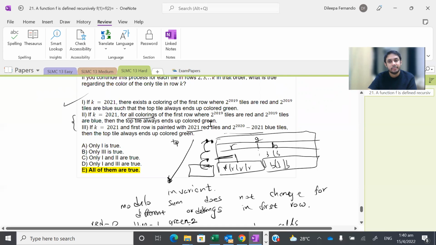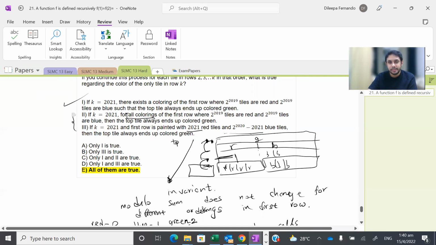And we have proven that by using that modulo value, we can infer the modulo values in the top levels, and then finally we can infer the modulo value in the topmost level, which gives that it is always green.